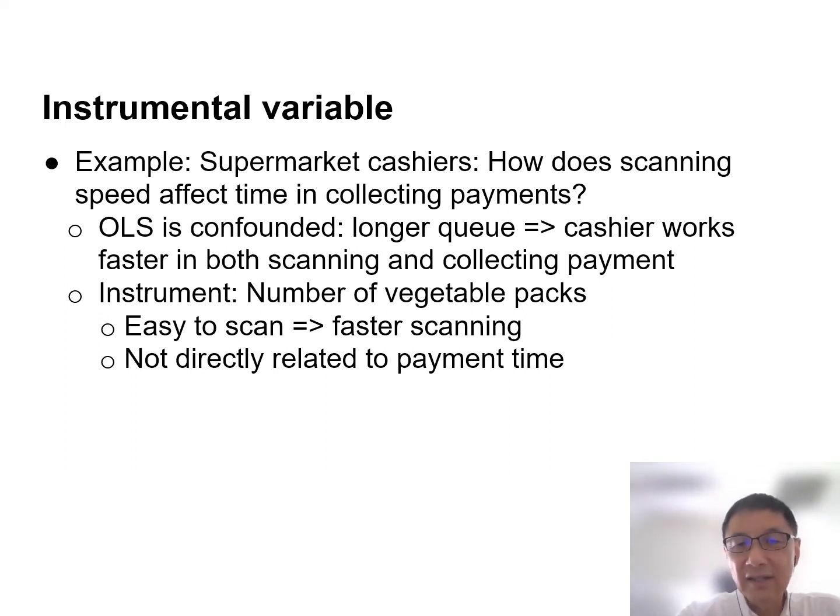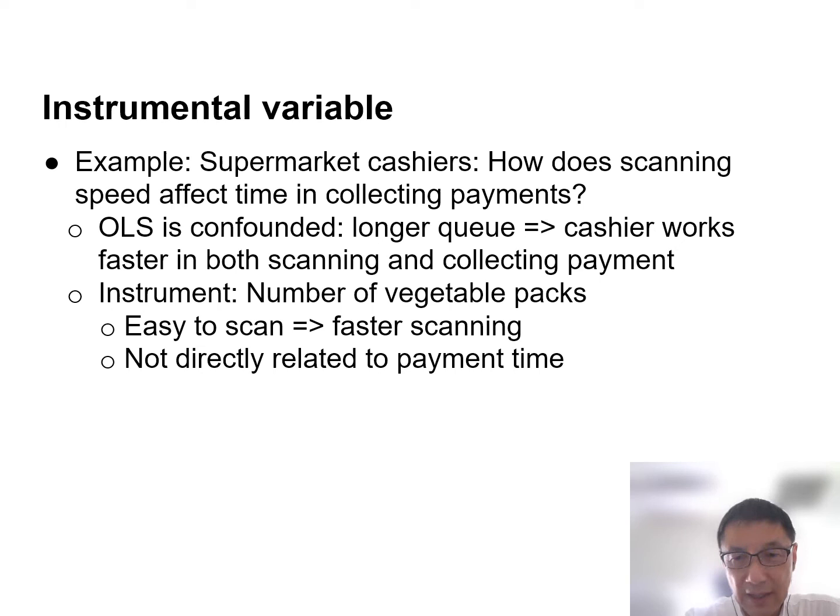We regress the time on collecting payments on scanning speed, but there's possibly confounding. So for instance, if the queue is longer, the cashier will be working under more pressure, and because of the more pressure, she or he will scan faster and also be faster in collecting payments. So we would see a natural negative relationship between faster scanning and shorter time of payments, but not a causal relationship because it's due to some third outside omitted variable.